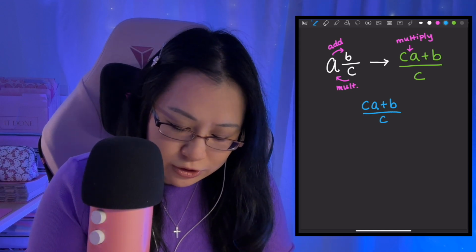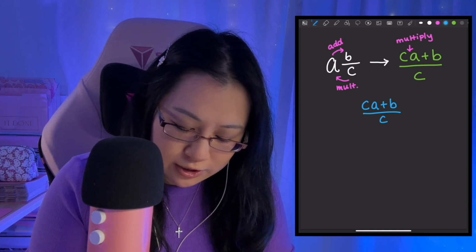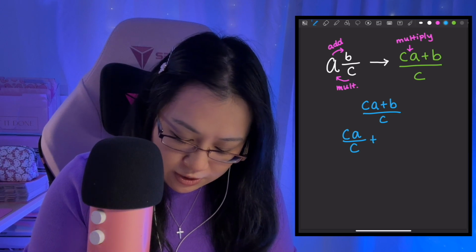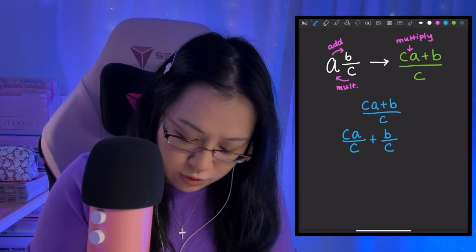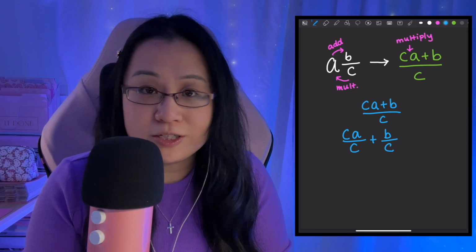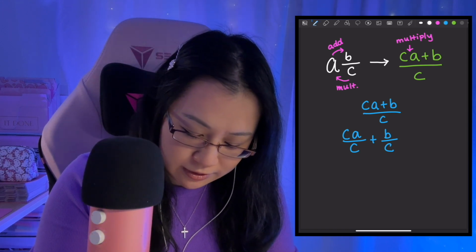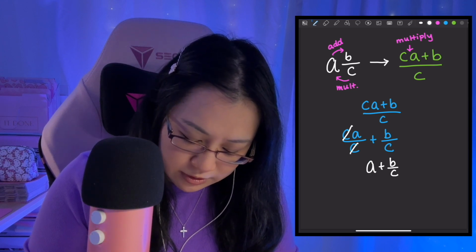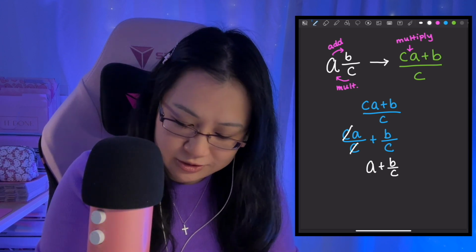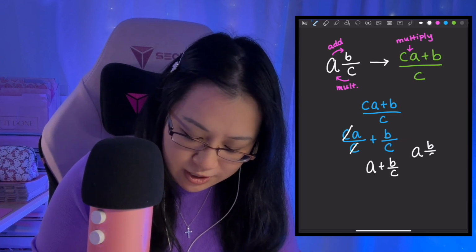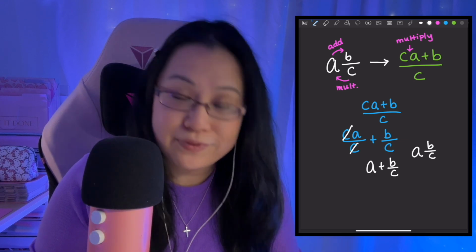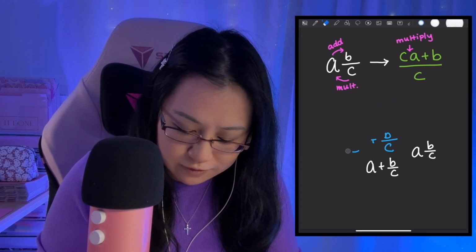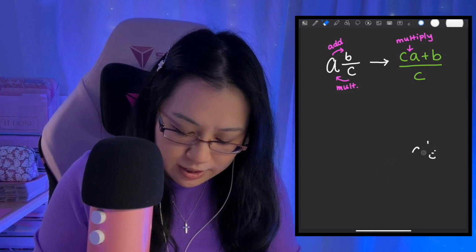But if you want to check this algebraically, you have CA plus B over C. You can distribute this division over this addition, so you have CA over C plus B over C, which conceptually is what we did, but algebraically we can confirm. So the C's cancel and you get A plus B over C, which in this notation is just A B over C. So it's all the same, math builds on itself, and usually you can confirm whatever you're doing before.